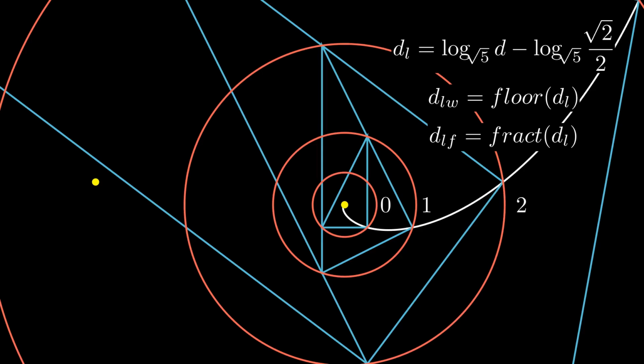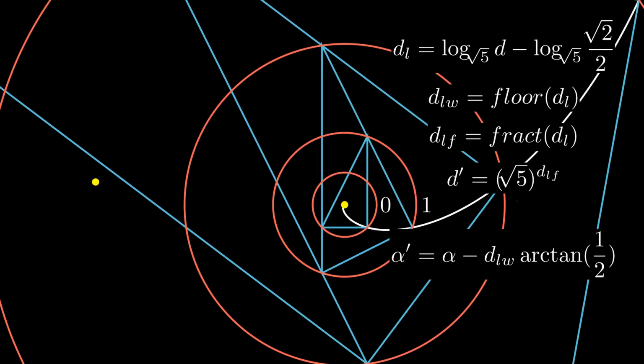Using dlf, we can get a new distance d such that it will be inside circle 1 by exponentiating it with power of root 5. And our new distance d will be in range from 1 to square root 5. Using dlw, we'll get new angle alpha by multiplying with arctangent of half and subtracting from alpha.